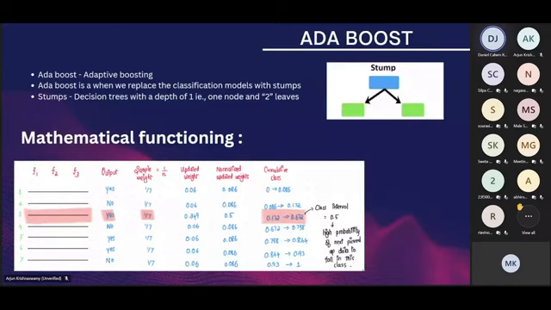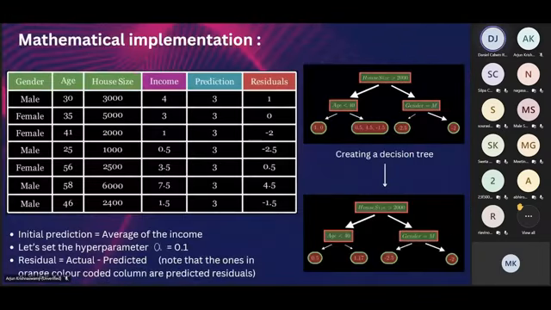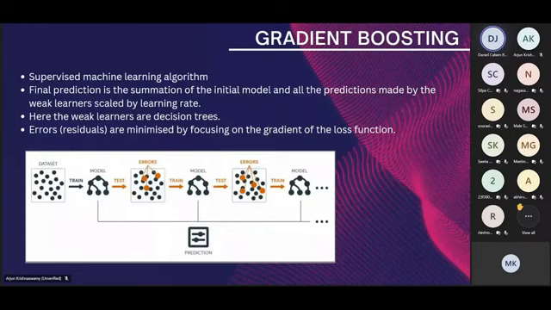Now we'll move on to gradient boosting. Gradient boosting is a supervised machine learning algorithm. I hope you are familiar with the term by now. Here the approach is going to be a bit different.